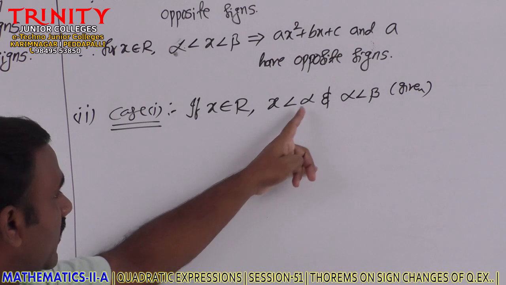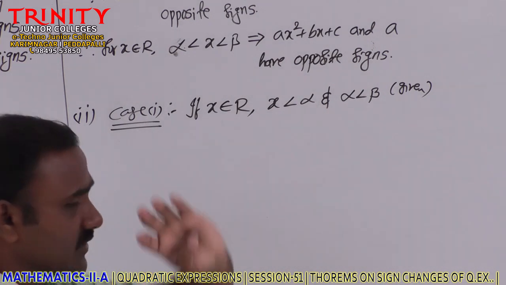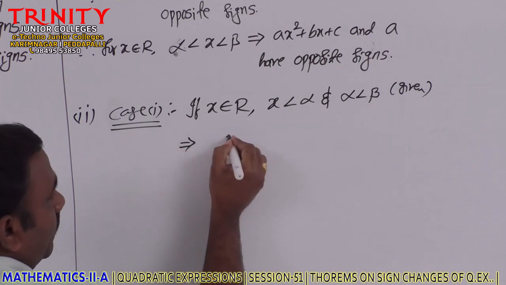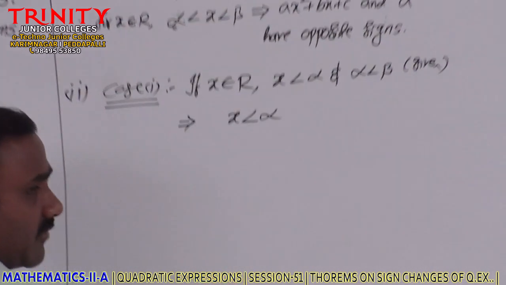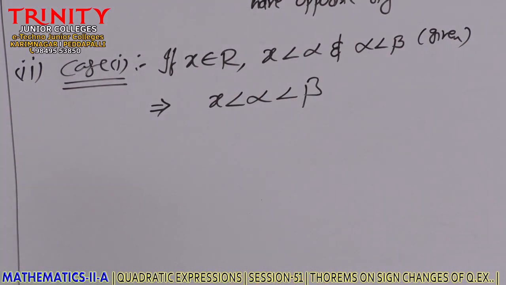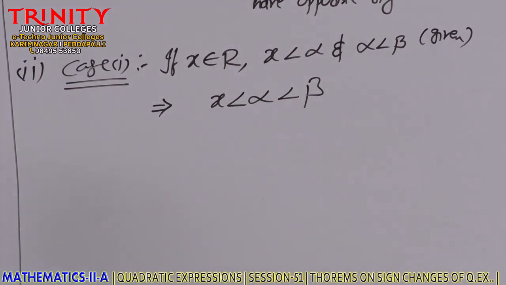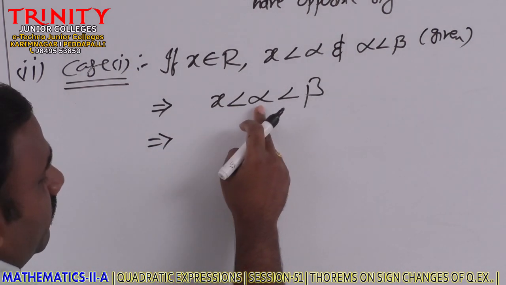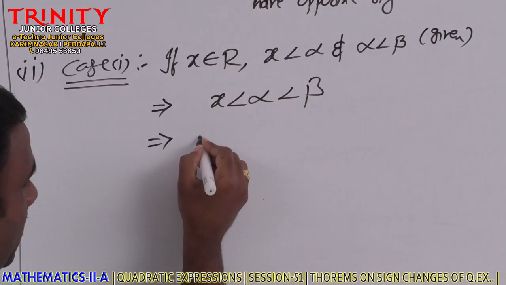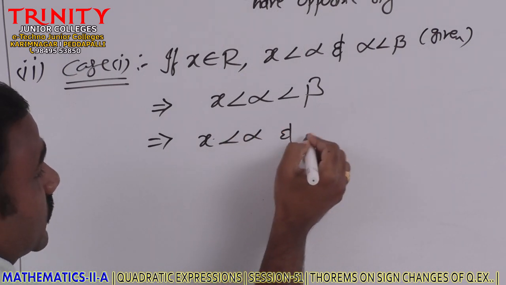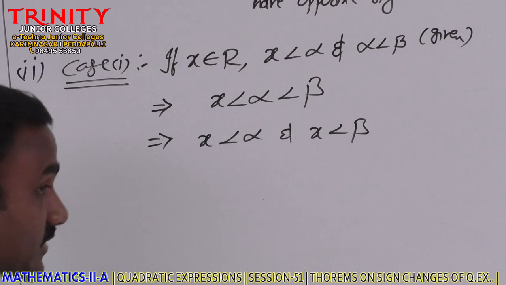X is less than alpha and already given that alpha is less than beta. So from this, can we write x less than alpha, that is less than beta? We can write it as x less than alpha and x less than beta. Why?